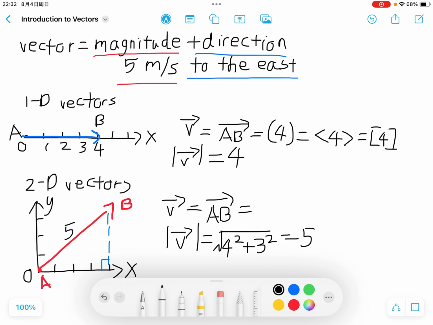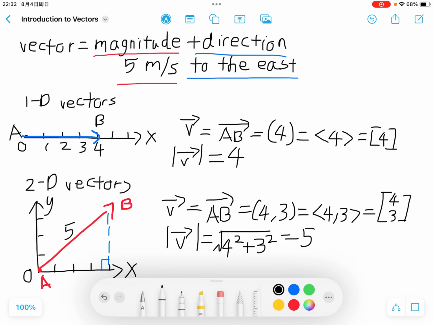First we state the x direction. In the x direction we moved 4 units. In the y direction we moved 3 units. You can also state it as 4, 3, or in this form, (4, 3).